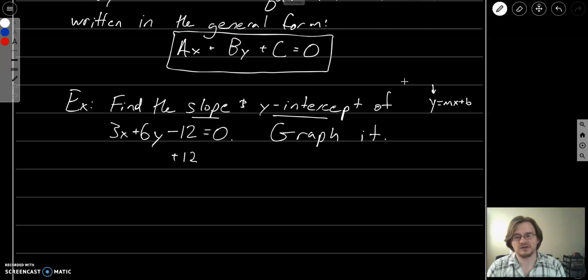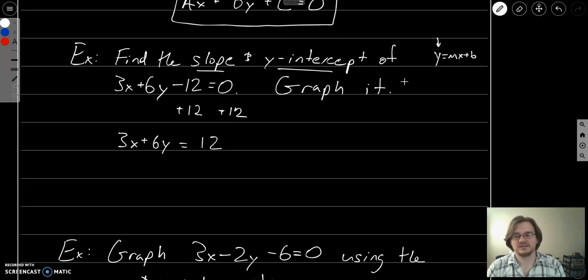First, I'm going to add 12 to both sides to get 3x plus 6y is equal to 12. y isn't by itself yet, so I'm going to subtract 3x from both sides to get 6y is equal to negative 3x plus 12, and I'll divide both sides by 6.